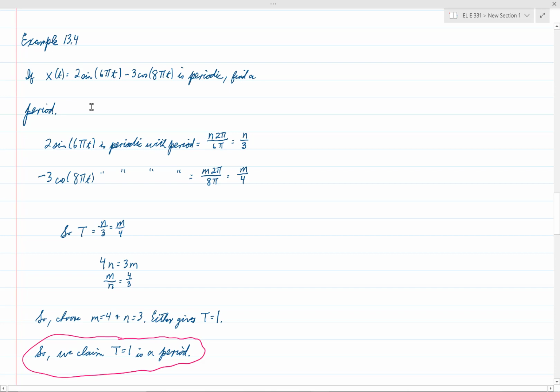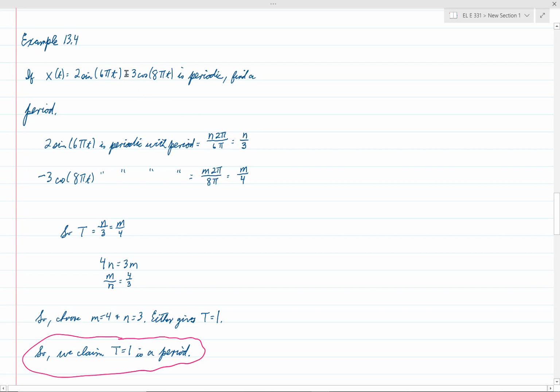We know from our previous work that 2 sine of 6 pi t, this first term, is periodic with period n times 2 pi over this 6 pi. And when we write that down, canceling out the pi's, 2 over 6 is 1/3, so that's n over 3.